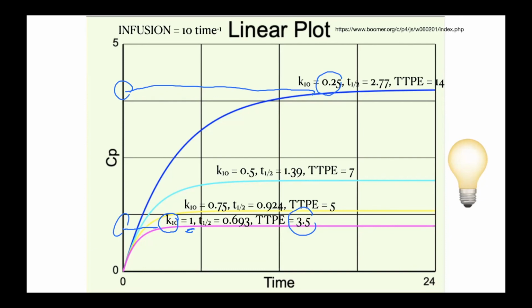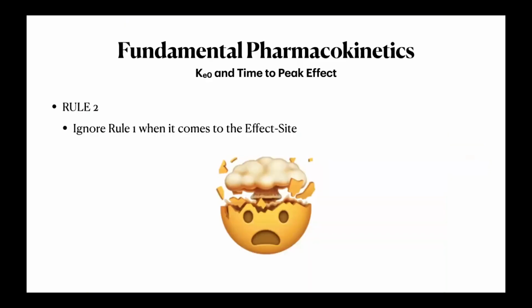Now, with this light bulb moment, unfortunately, it needs to be broken, because rule number 2 is that you need to ignore rule 1 when it comes to the effect site.